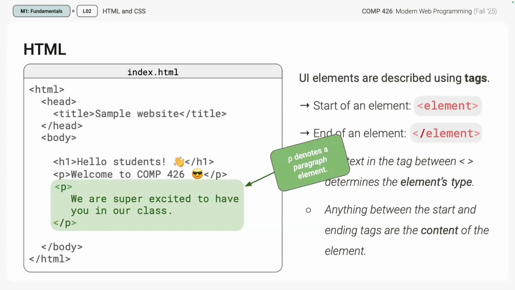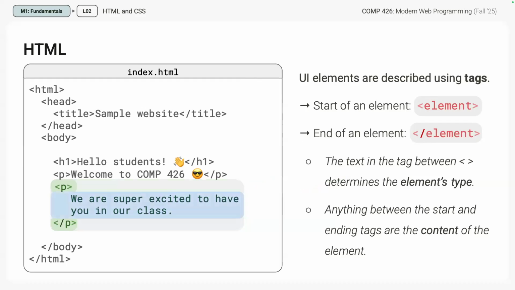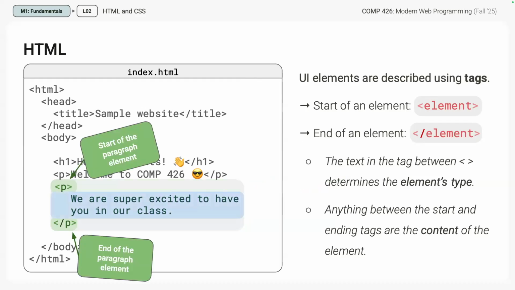So this is a block of text on our page. You can see here, that's the start of our paragraph, which is over here. We have the start, and then we have the end of our paragraph. That leaves everything between the start and the end, which is the actual content of that element. So if we want to define a paragraph, we have a starting tag for a paragraph, then the content of the paragraph, and then the end of our paragraph.